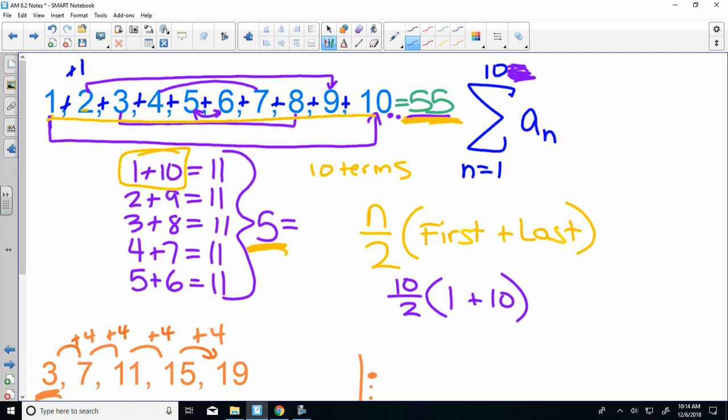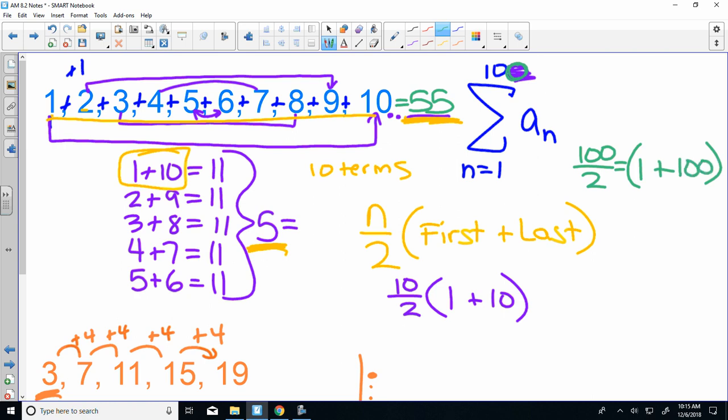Okay, so if we turn this into, like I said, 100, it's the same thing. You would have 100 over 2, and the first term is still 1. Now the last term, you'd have to figure that out. Well, in this sequence, the term number is the value, so 1 plus 100.